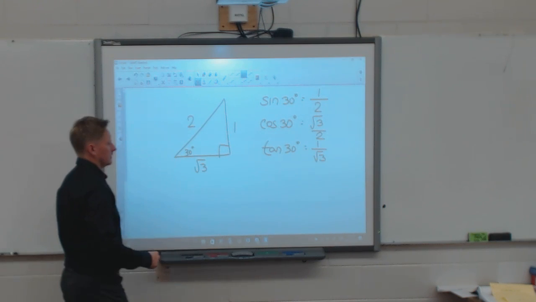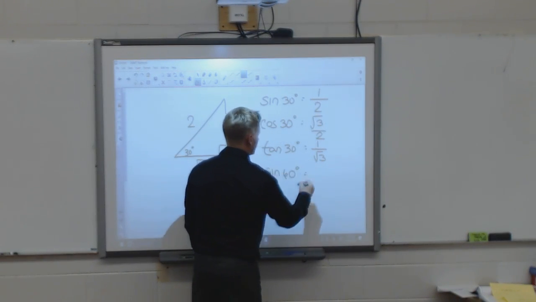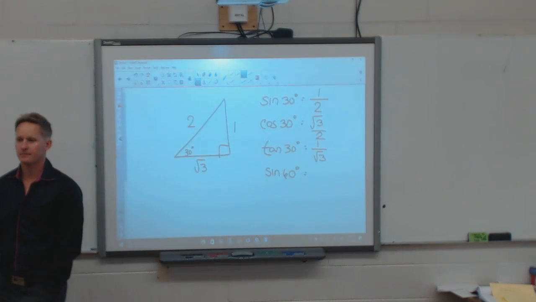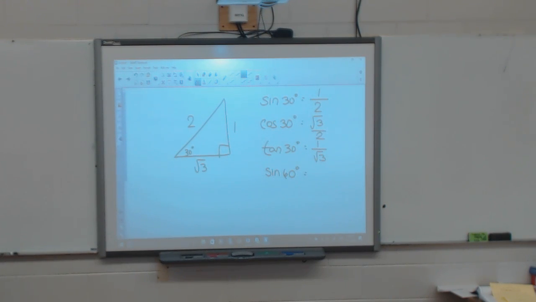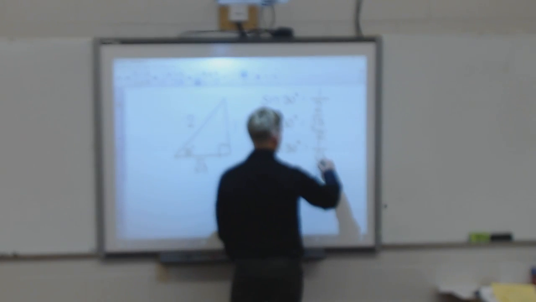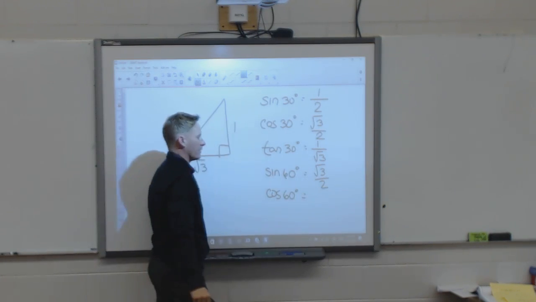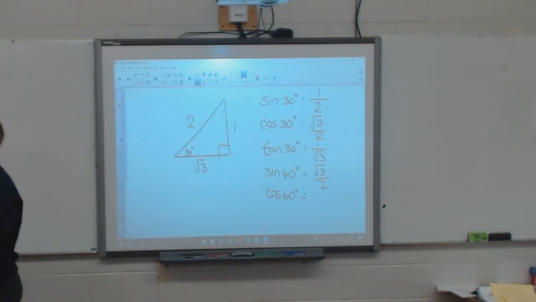But using this same idea and premise, what is the sine of 60 degrees? Root 3 over 2. This triangle right here is going to be massively important to us moving ahead. We have to remember these.